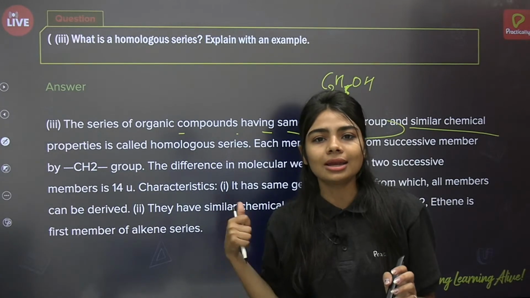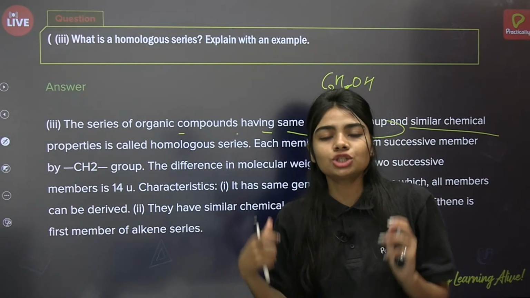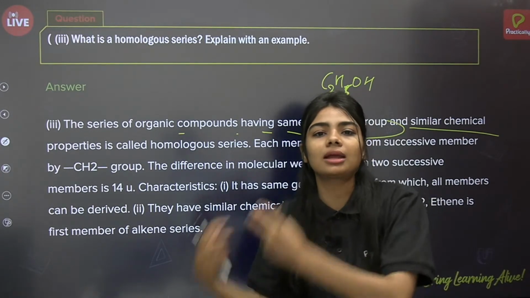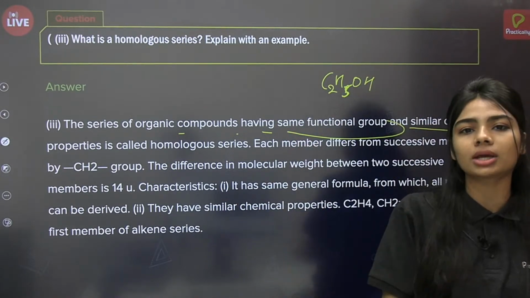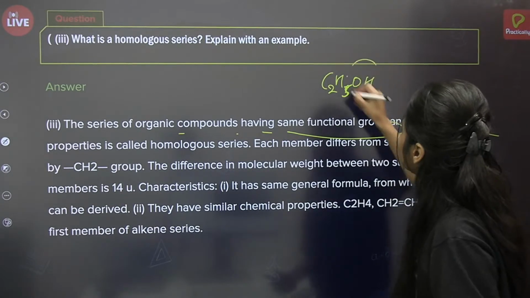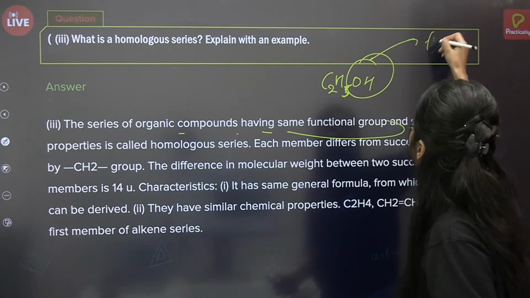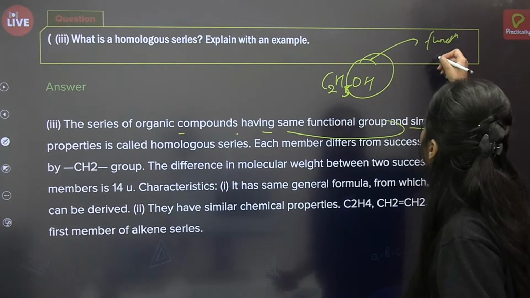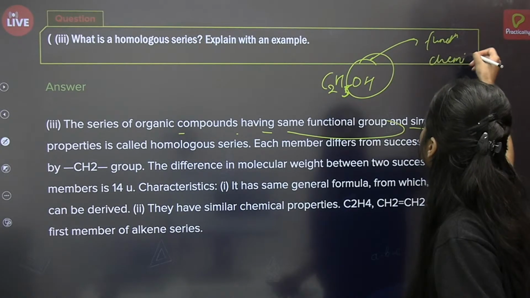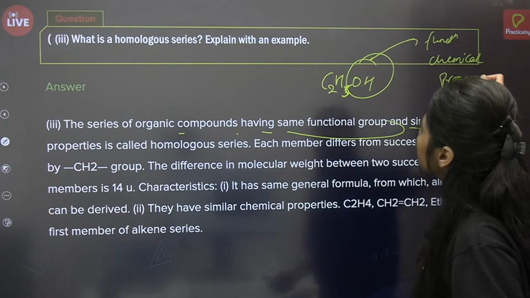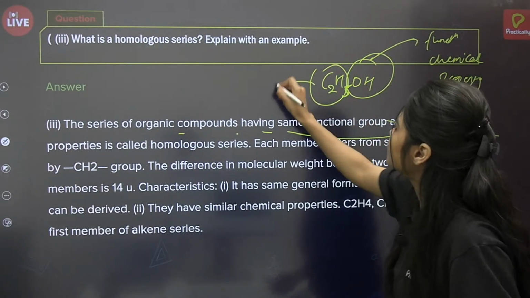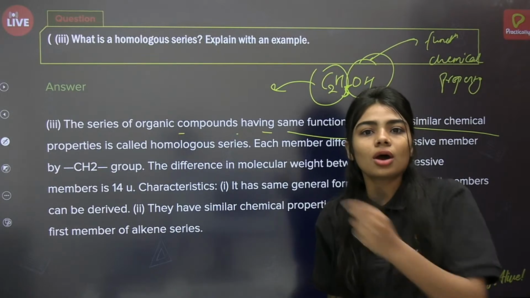Now can you tell me which part of this compound will tell about the physical properties and which part will tell about the chemical properties? So this functional group part will tell about the chemical property, and this part will tell about the physical properties, like your atomic mass.